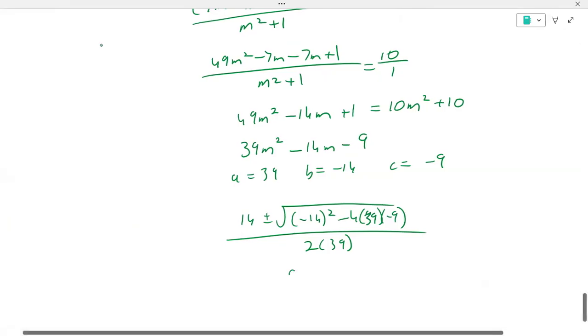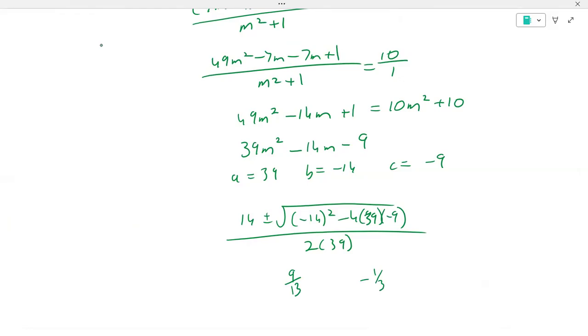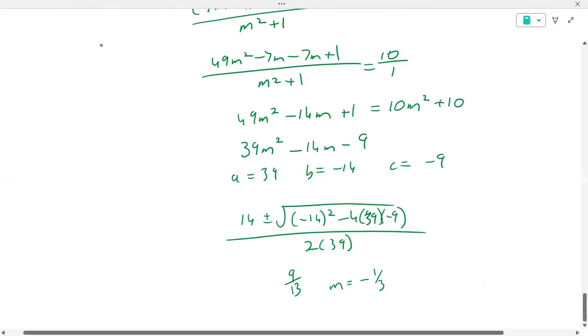I'm getting 9 over 13. Then I go back and change my plus to a minus, and I get my second value, which is minus 1/3. So I end up with two values of m, which is what I'm asked for, the two slopes. The two slopes are minus 1/3 and 9 over 13. And that's it. That was the end of the test there.